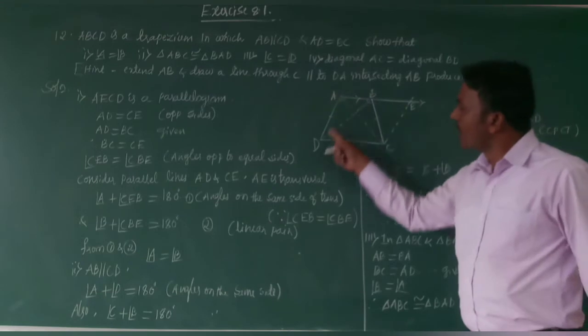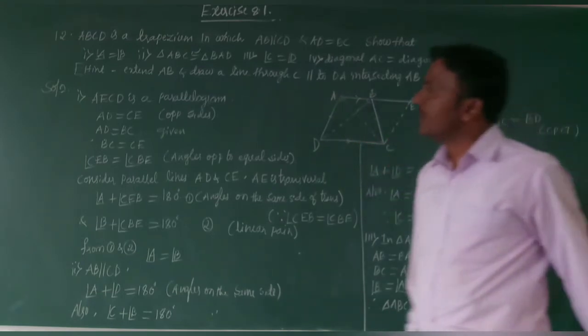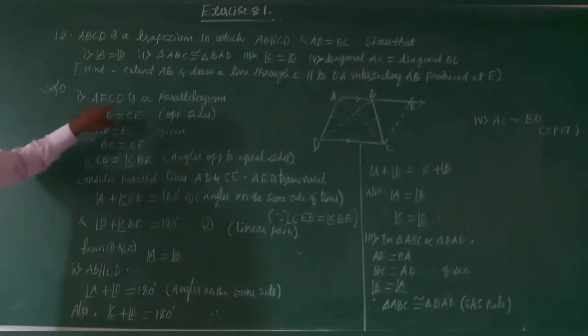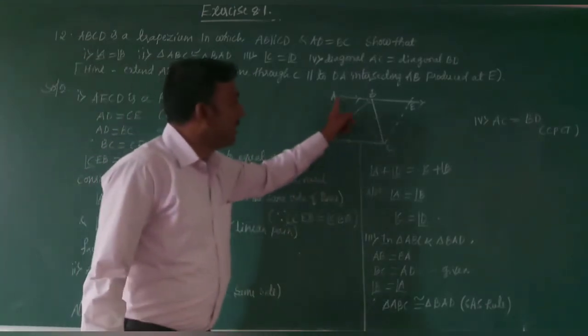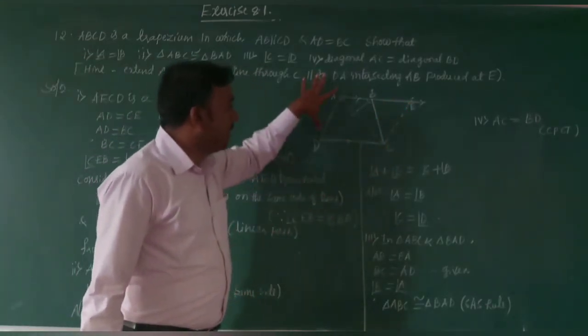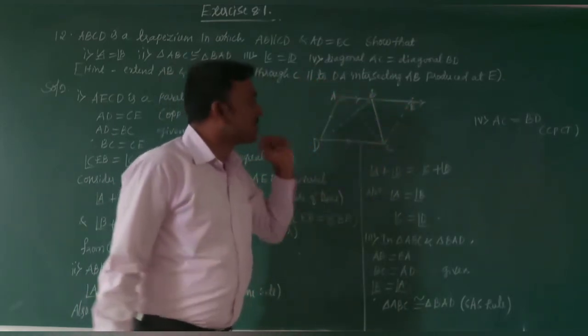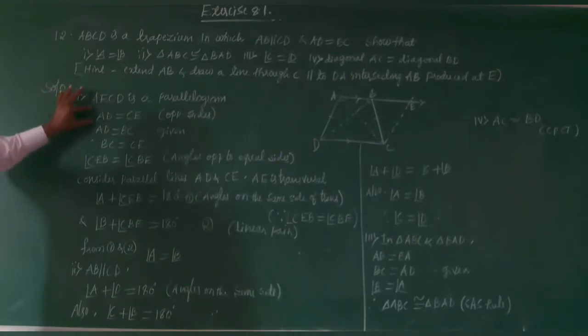CE is parallel to AD. It is given by using this condition. We need to prove first one is AECD is a parallelogram. Here AD is equal to CE, which gives us AECD is a parallelogram.